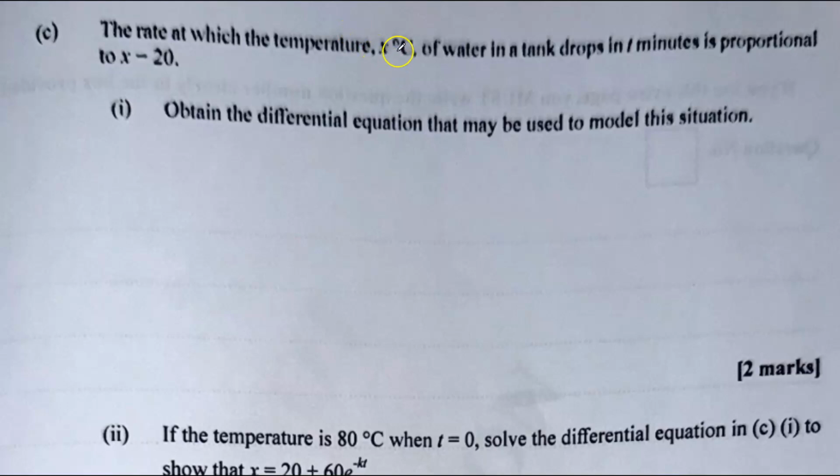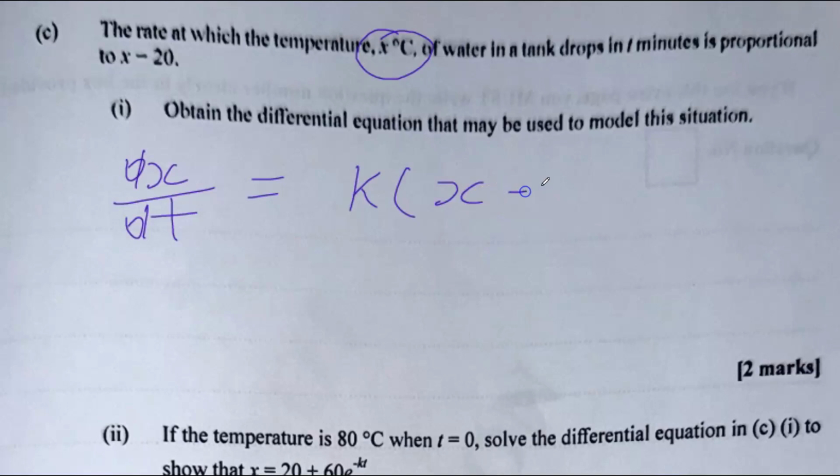So we are told that the rate of change of x with respect to time, that's obviously dx by dt, is proportional. So it's equal to a constant k times x minus 20.